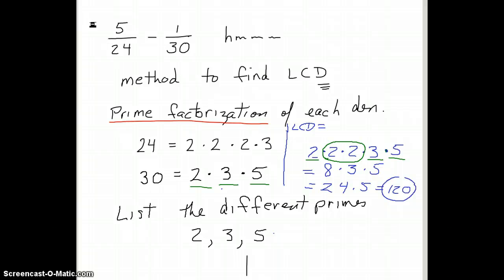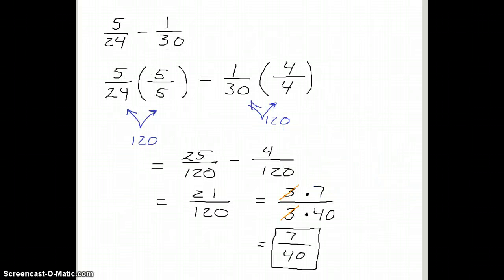Once you've come up with the factors, list them out, and then use each the most times it occurs in any denominator. Multiplying all that together will give you your least common denominator. And that's how we did this problem.